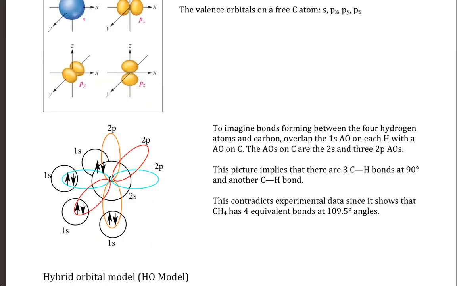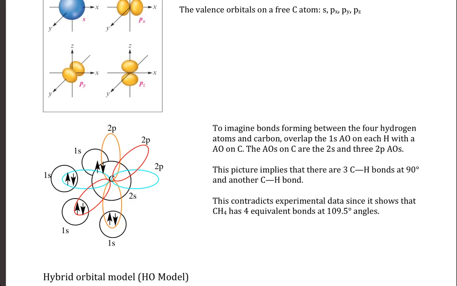Okay, now what we do is we imagine bringing in the hydrogens, each one with its 1s electron, and we put all those orbitals together, the s, the px, the py, the pz, one on top of the other.